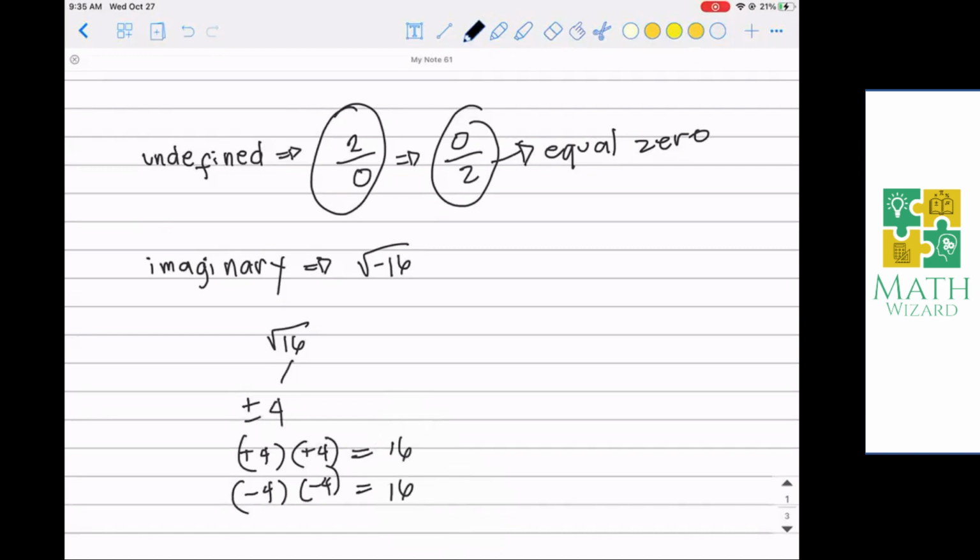That's why the square root of 16 is a plus or minus 4. Yung negative 16 naman, kung kukunin natin ang square root niyan, we will write it this way. Ganito siya, may letter i. Ibig sabihin, that's imaginary. I'll repeat, getting the square root of a negative number, the result is an imaginary number.